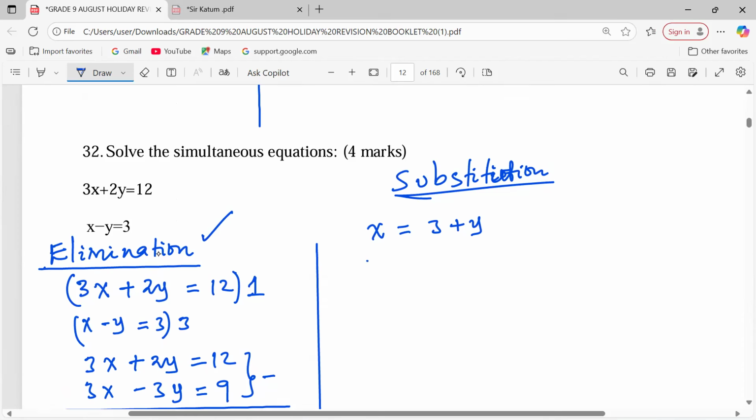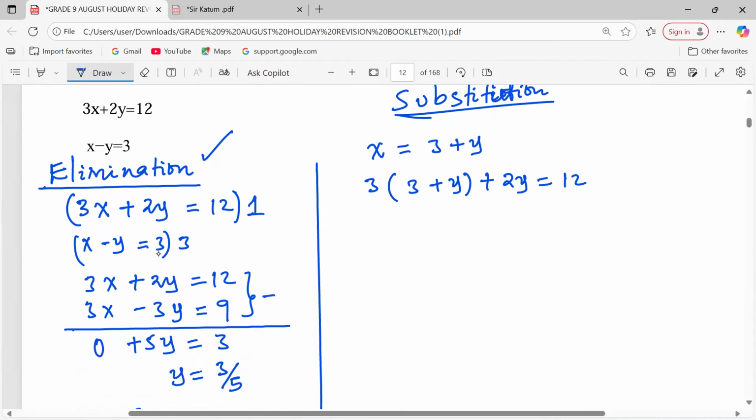So equation 1 can be rewritten as 3 times (3 plus y) plus 2y equals 12. This is 9 plus 3y plus 2y equals 12. This is going to be 5y when we group terms. Then 12 minus 9 giving us 3. The value of y shall be 3 out of 5. And now we can take it back to this.